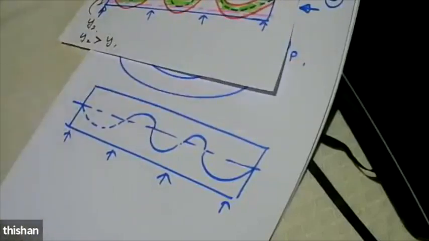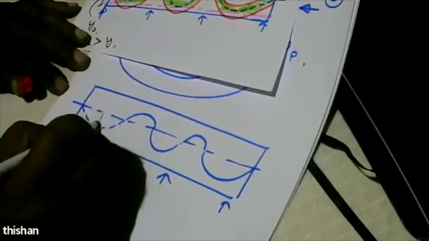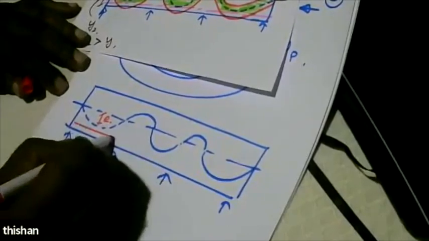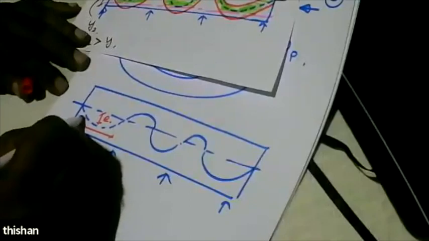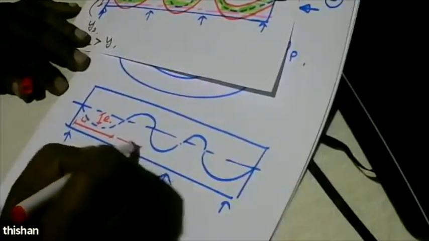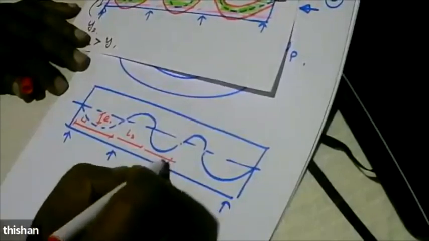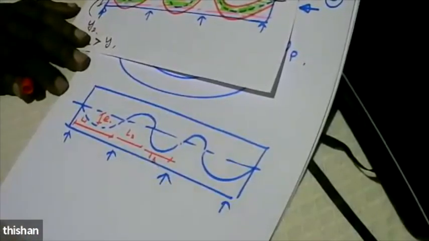So that means, if you look at this portion, here we are applying an eccentricity, a parabolic profile, length is L1. And here over length L2, we have another profile, here length L3 and so on.